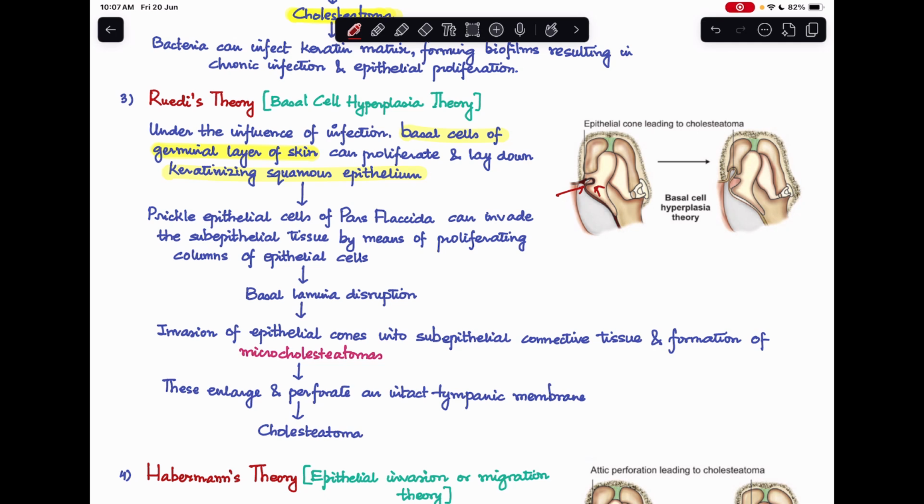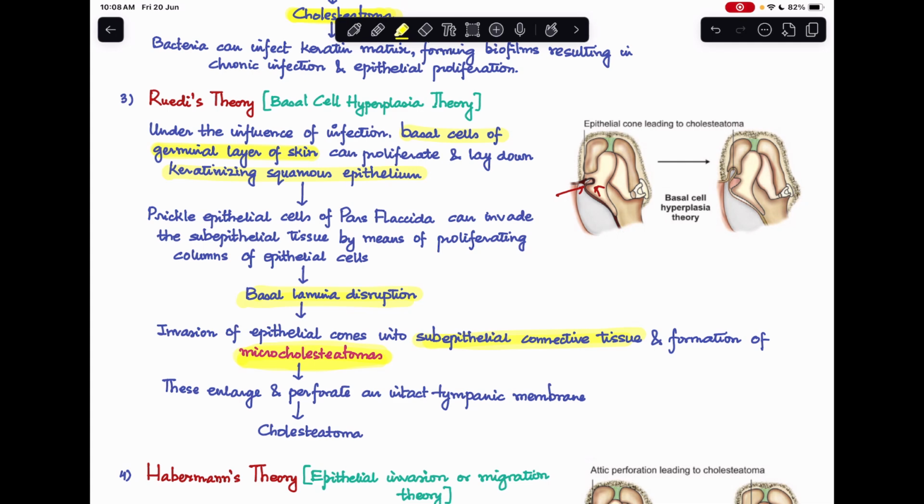Now, the prickle epithelial cells of pars flaccida can end up invading the subepithelial tissue by means of proliferating columns of epithelial cells. This will lead to basal lamina disruption, ultimately leading to epithelial cone invasion into the subepithelial connective tissue, and this will result in the formation of microcholesteatoma.